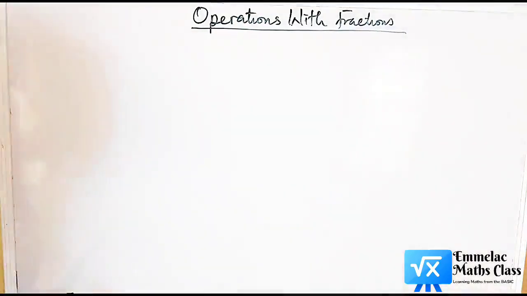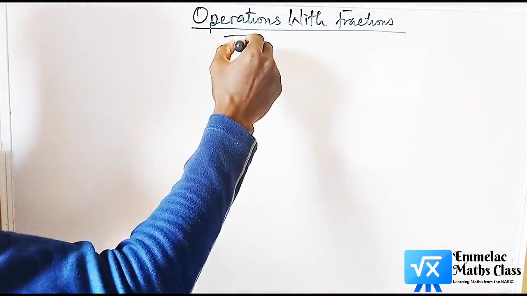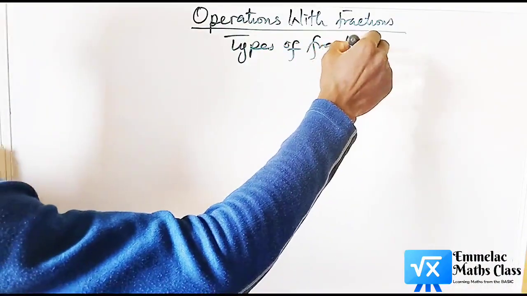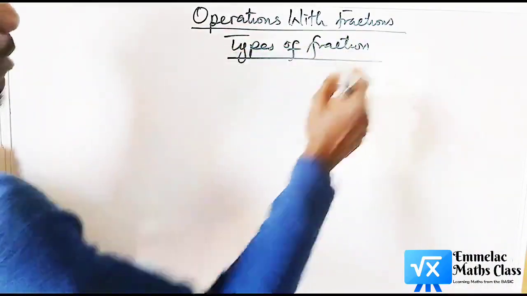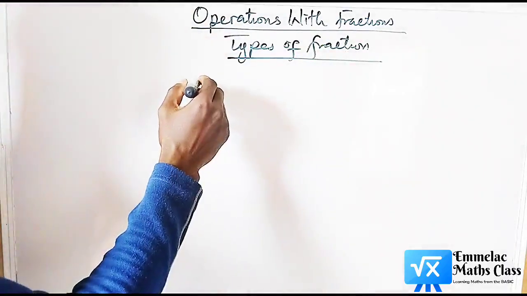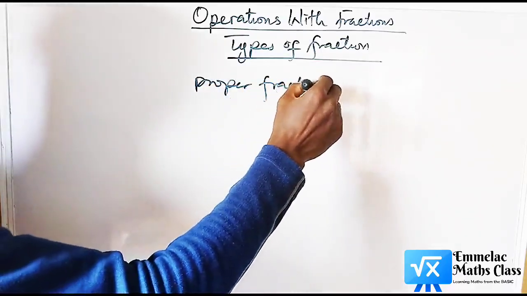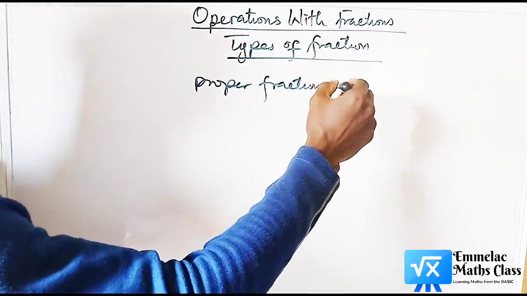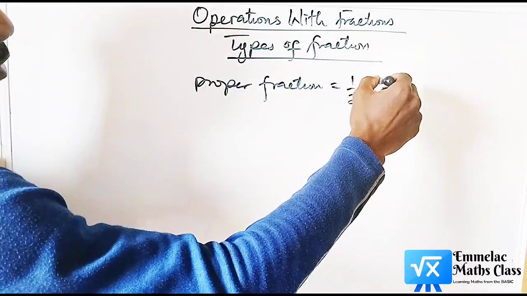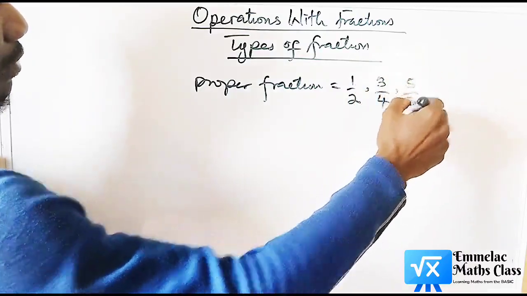Now let us look at the types of fraction. Basically, fractions come as proper fractions, which can be 1 over 2, 3 over 4, 5 over 7.